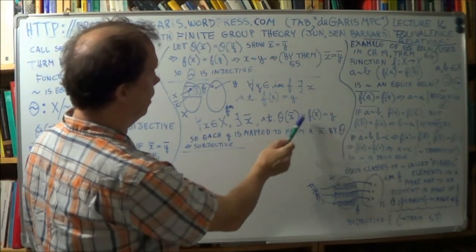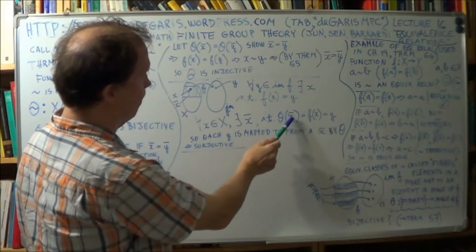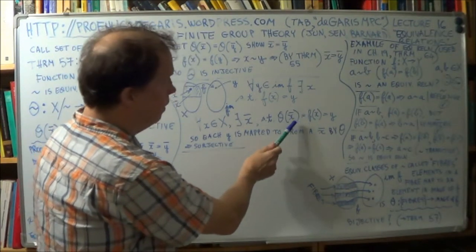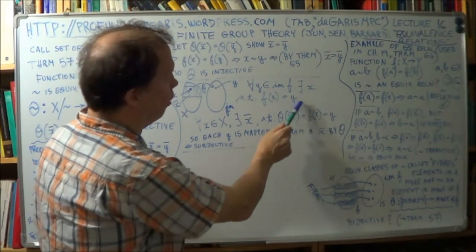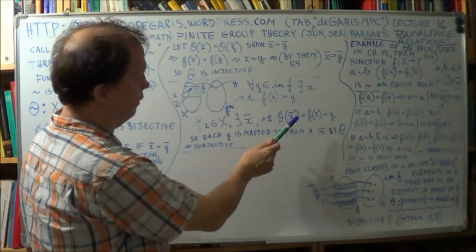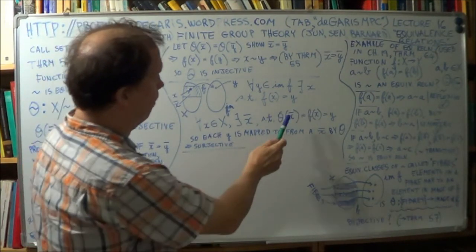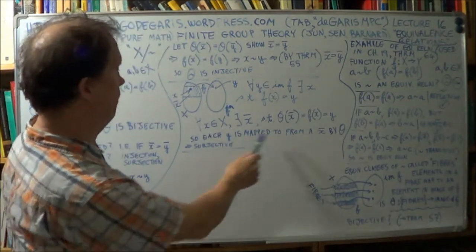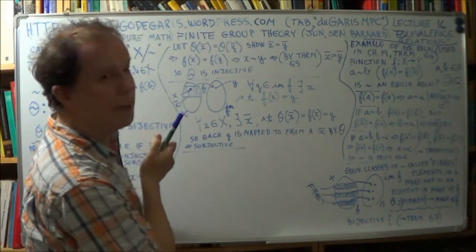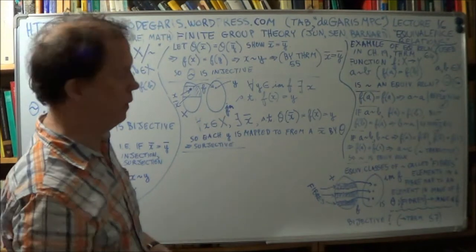So for each y, there is an equivalence class, a fiber, that you use to map into y, right? So therefore, this function phi is surjective. Okay, so it's injective and surjective, therefore it's bijective.